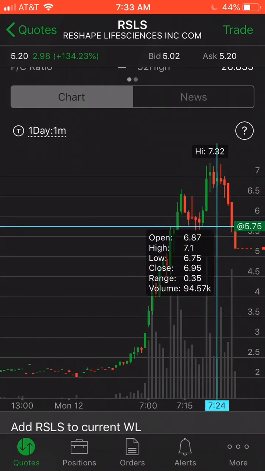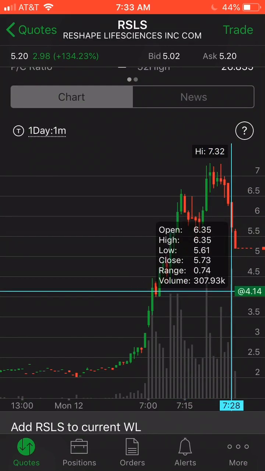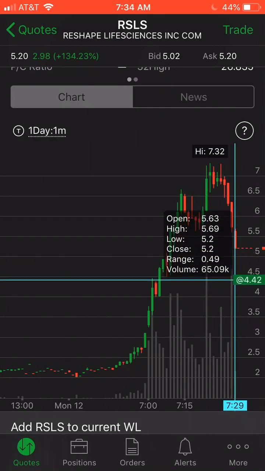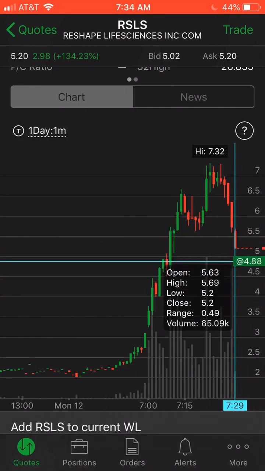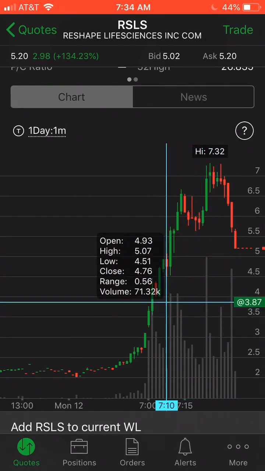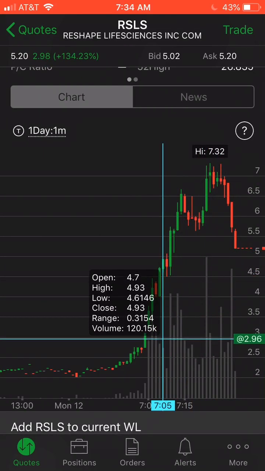That kind of had some support right there, but it broke it, and so this stock right now is just overextended, and I don't see any real support right now, so I'm not going to trade it right now.